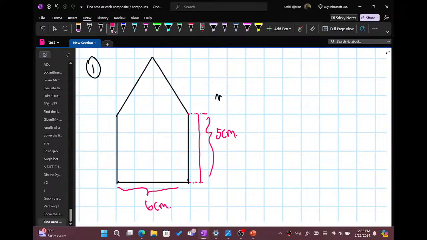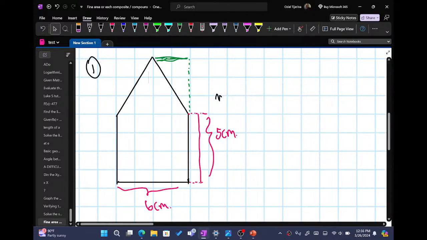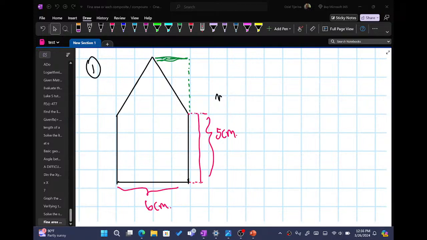And then they're saying this side here is 3 centimeters. So like I said, it's not drawn to scale, but we can just make do with what we have, right?